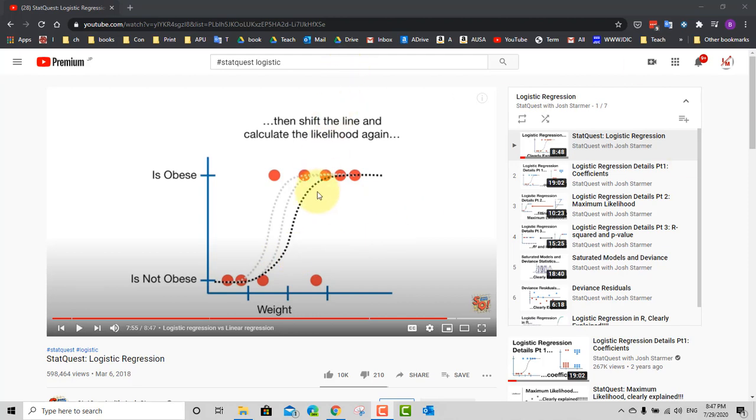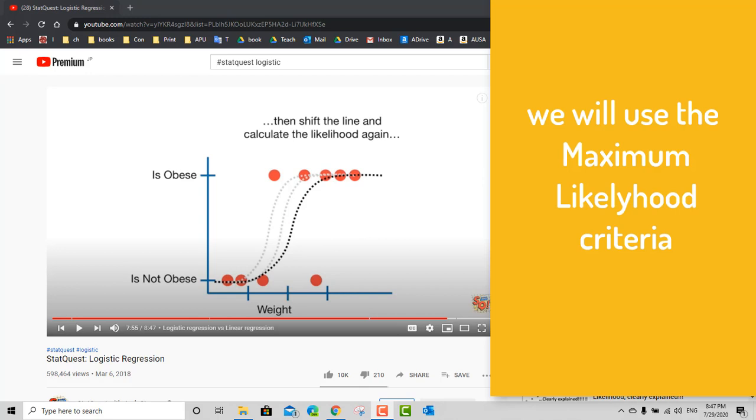Now, in this video, he's going to introduce us to a very interesting criteria for choosing the best curve amongst all of these different possible curves. It's called the maximum likelihood estimate, or we're using something called the maximum likelihood.